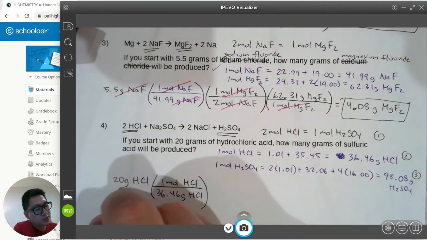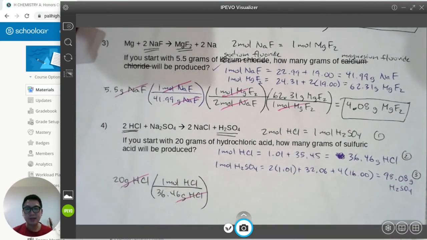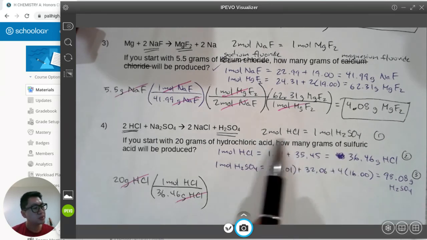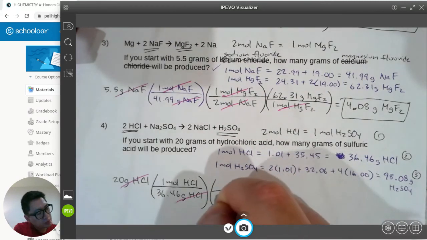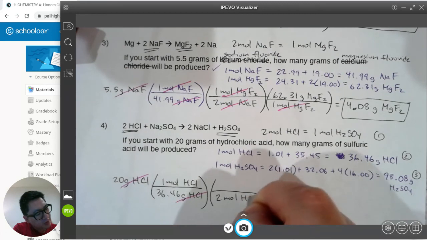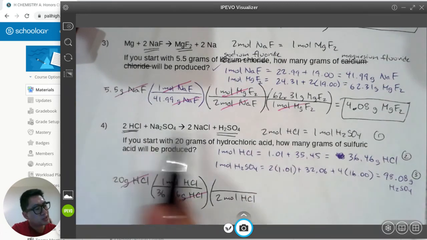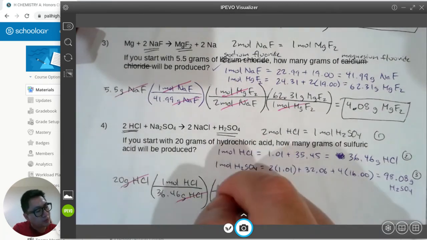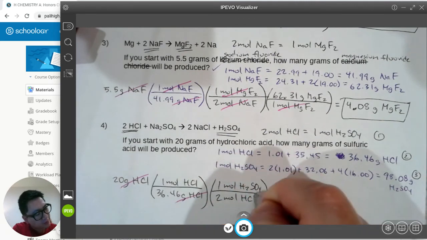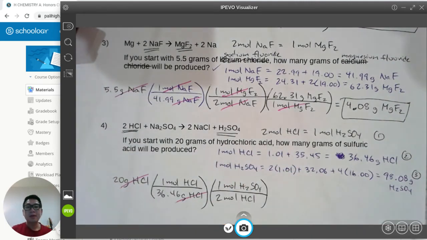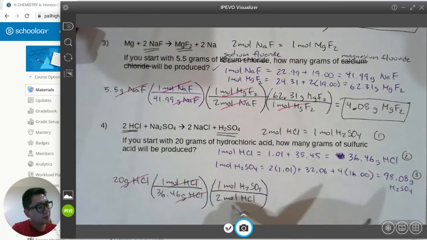Notice grams HCl cancel. Next, I'm going to use the first conversion factor from the balanced equation: 2 moles HCl makes 1 mole H2SO4, sulfuric acid. Moles of HCl cancel.